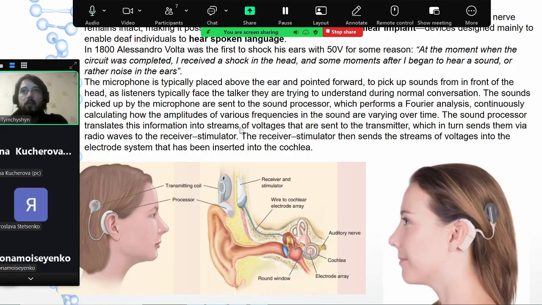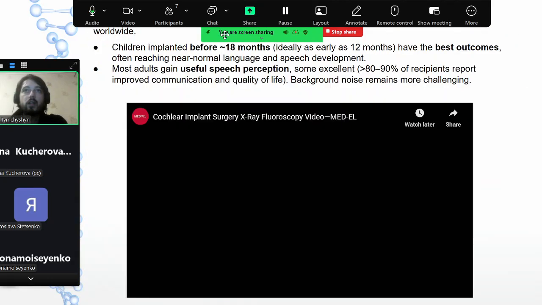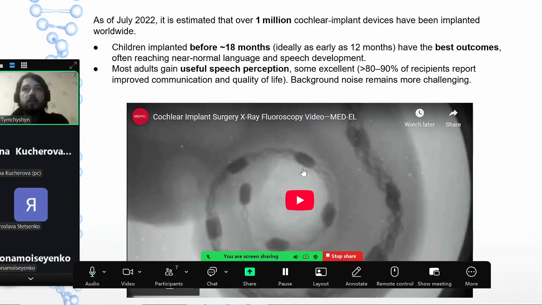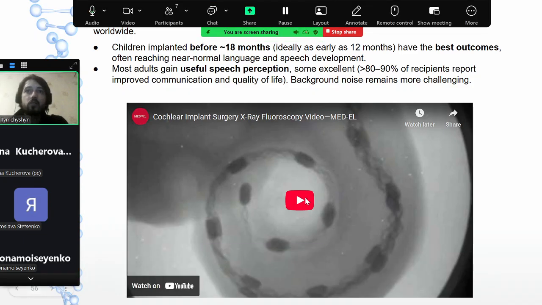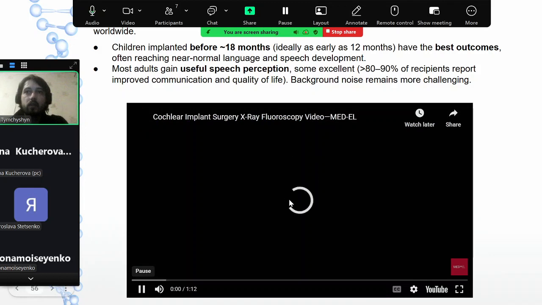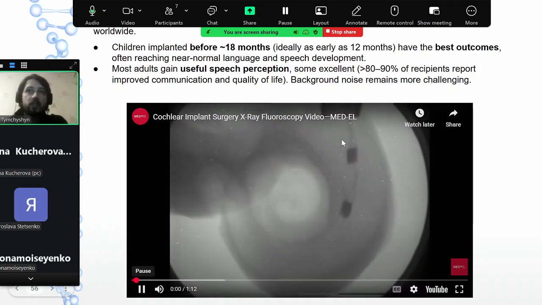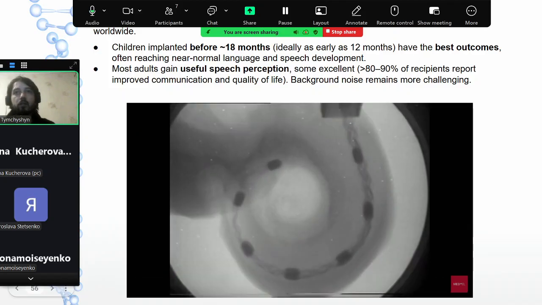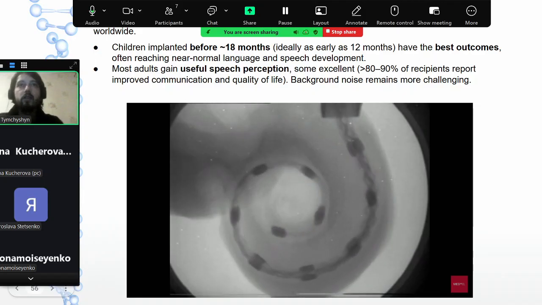I will not get into all of the details of how that works, but here you see how it is inserted into the ear. Here you see the surgery procedure under X-ray. These tiny things will be electrically activating appropriate neurons, and those neurons will carry certain information to the brain.